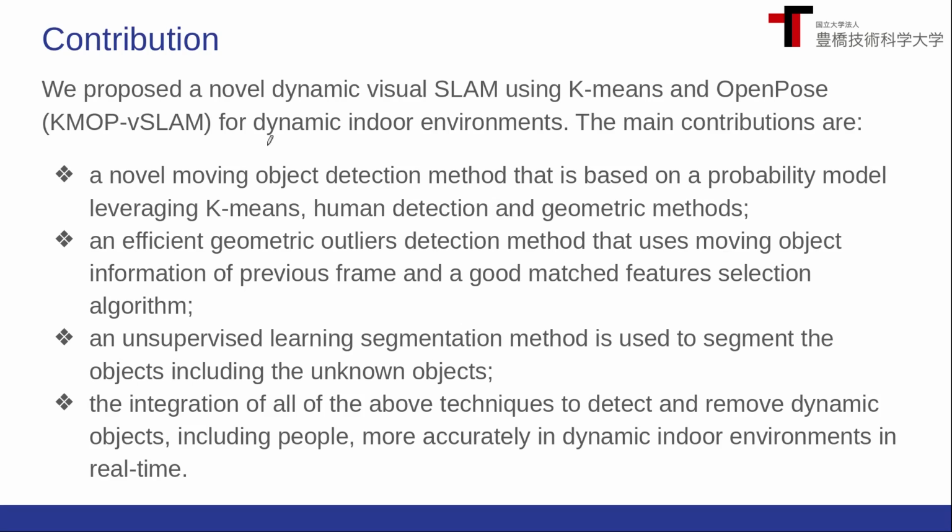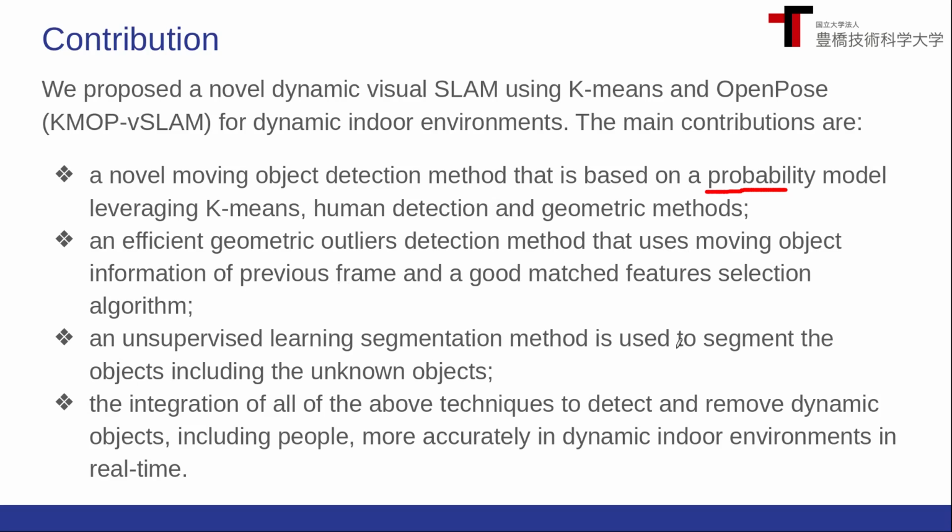We proposed a novel dynamic vSLAM using KMOP and OpenPose for dynamic indoor environments. We proposed a novel moving object detection method based on a probability model using KMOP, human detection, and geometric methods. We proposed an efficient geometric outlier detection method that uses the moving object mask of the previous frame and a good matched feature selection algorithm.